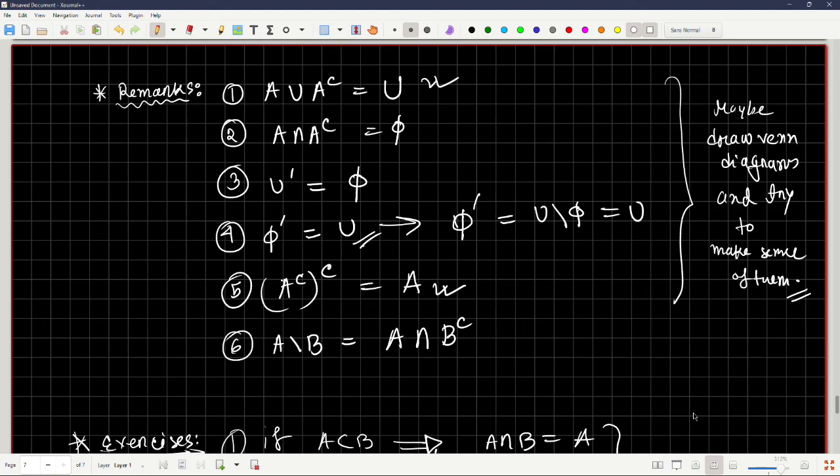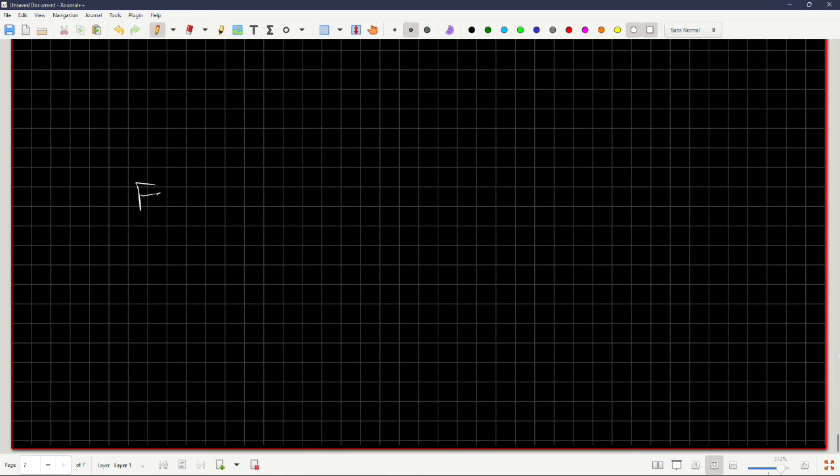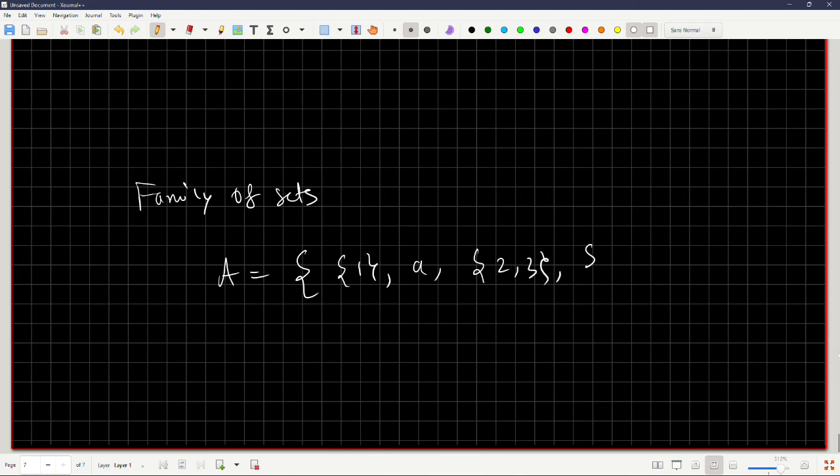Sir, can you explain family of sets once again? Okay, so family of sets means, let's say you have a set, but this time some of the elements are sets themselves. You see, this set A contains an element, small a, but it also contains sets like this.